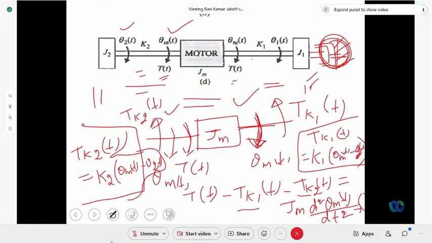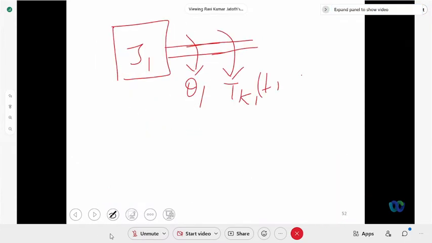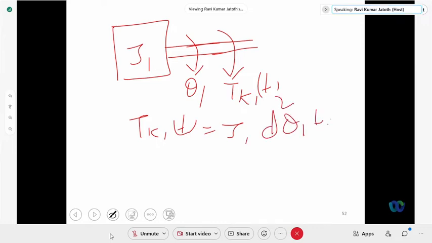Here, when torque is applied, the spring torque will oppose the movement. But here the spring torque is downward direction. Is that understood by everyone? Okay. So the Tk1 of t is equal to J1 d square theta 1 of t by dt square. So this is equation number 3.